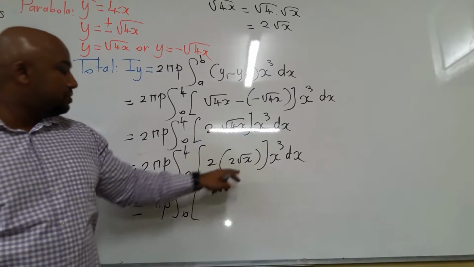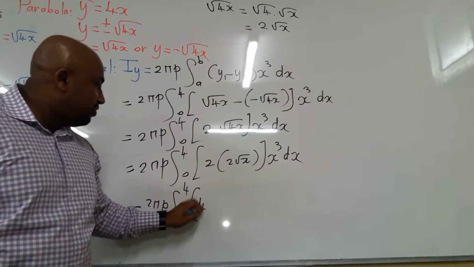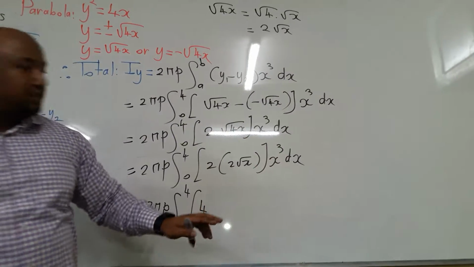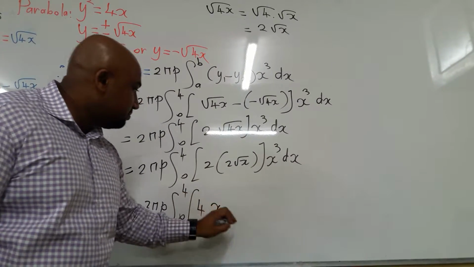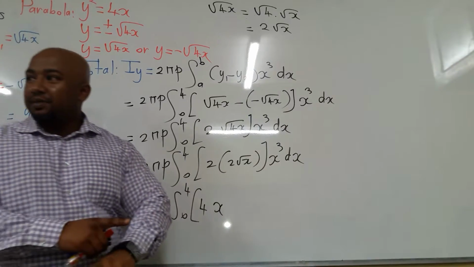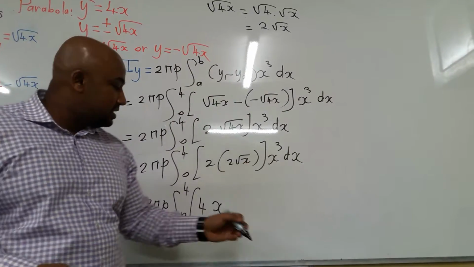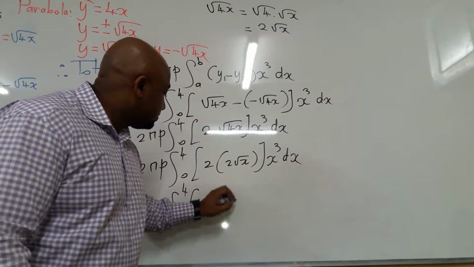So here 2 times 2, which will give me 4x to the power half times x cubed. I'm multiplying and the bases are the same. I add the exponents. Half plus 3 is 3.5, which is 7 over 2.